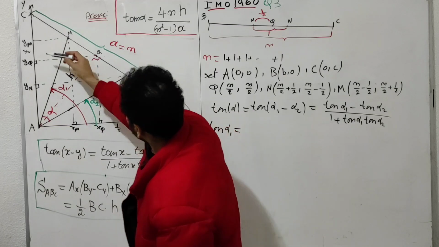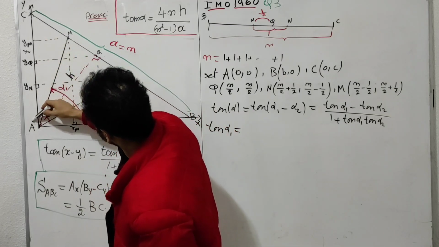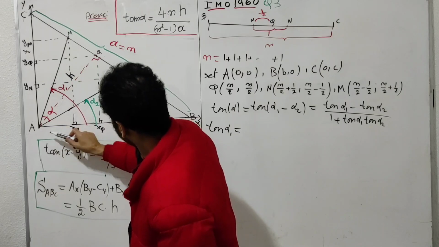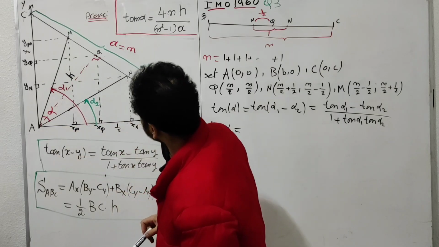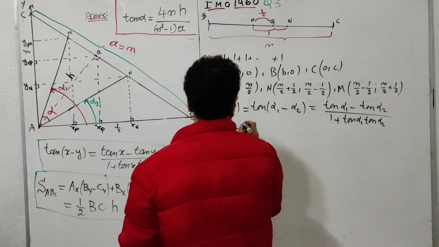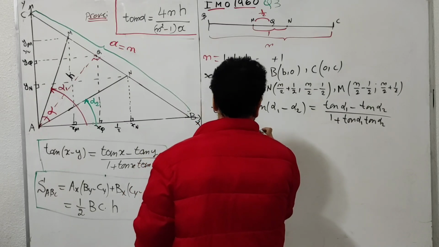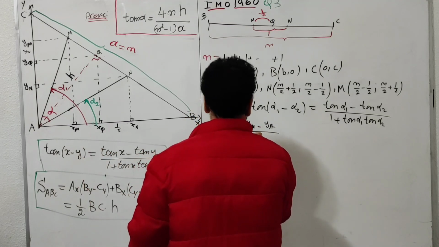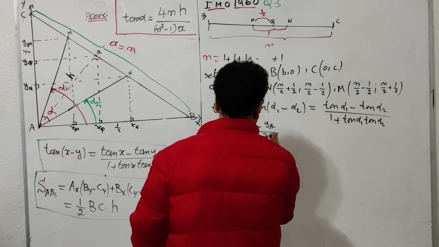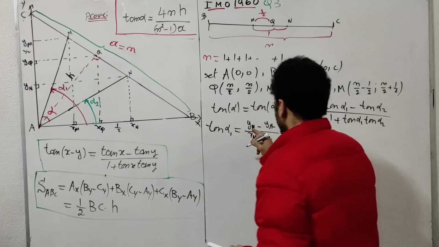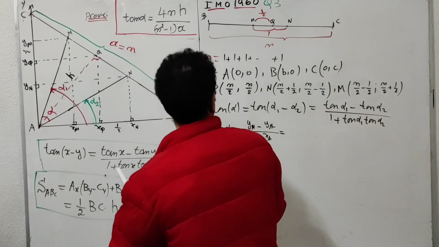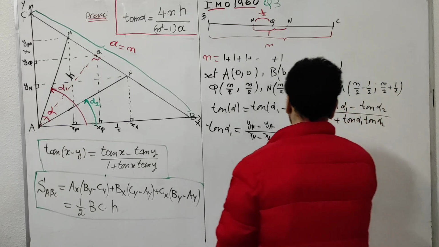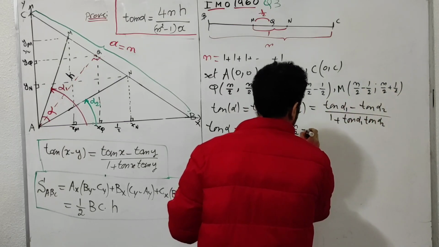So we have ym minus ya divided by xm minus xa. For ym, we already found ym equal to n over 2 plus half.